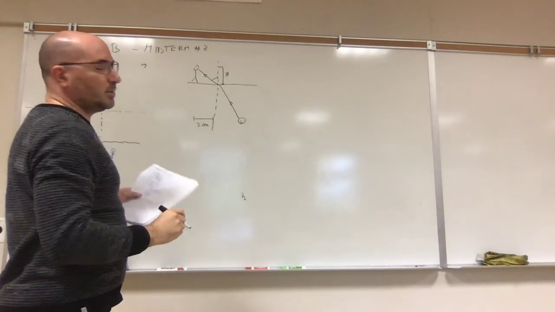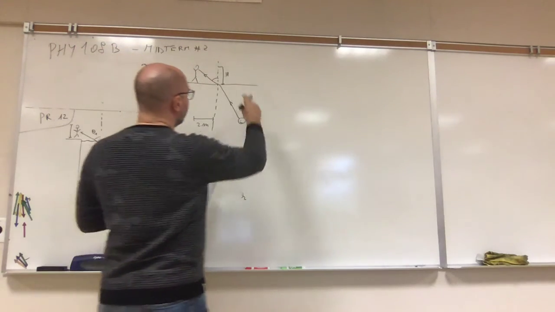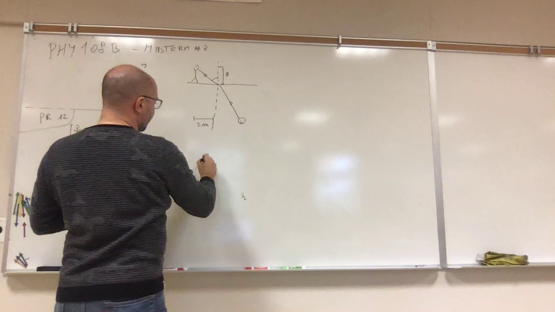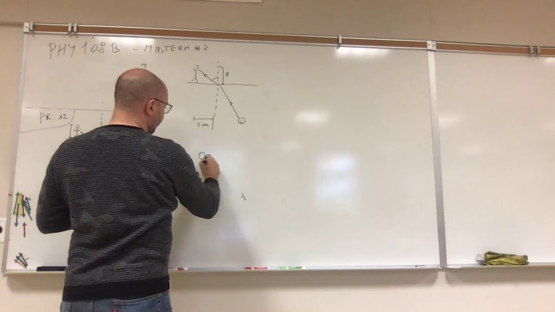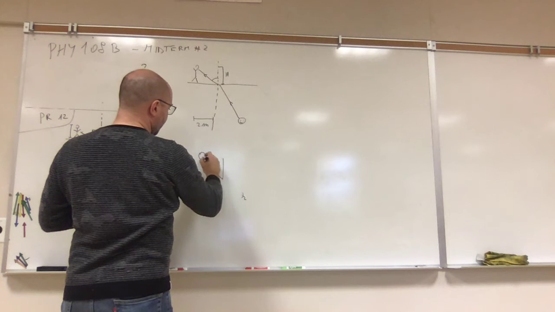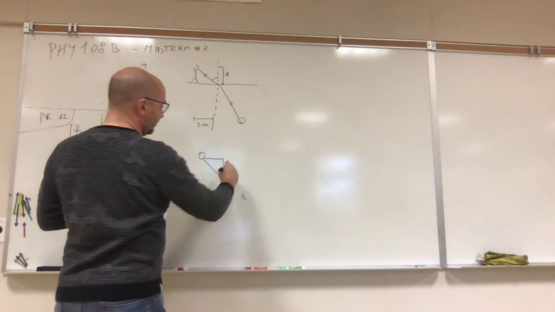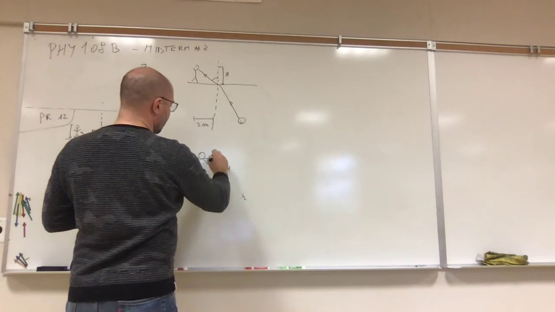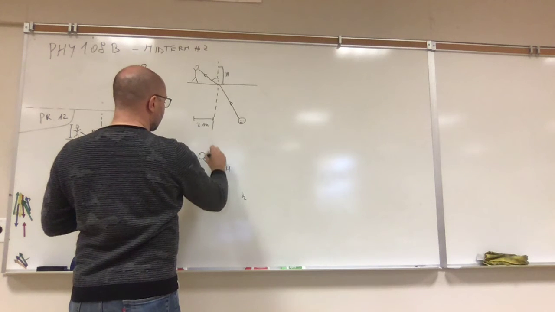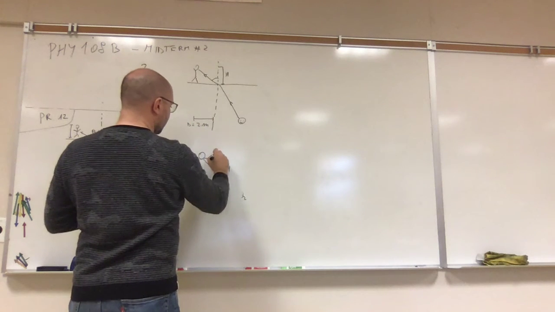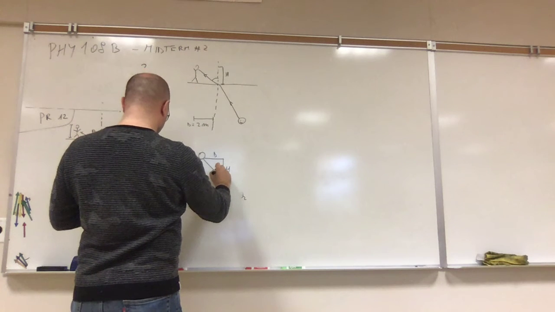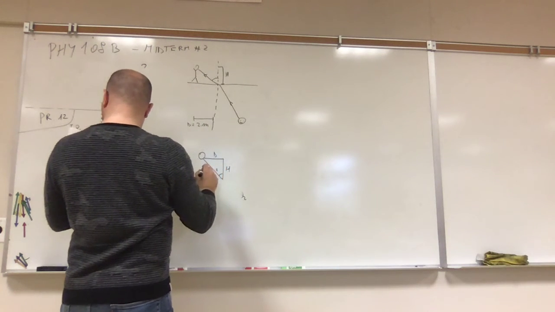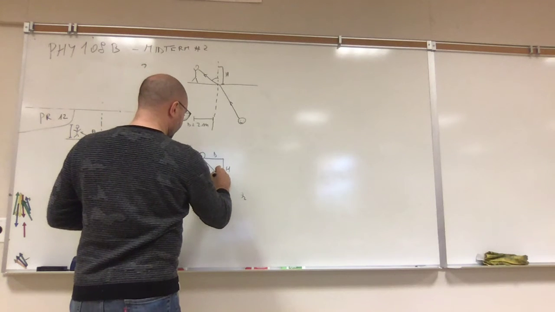We want the height and we have the angle. So if I'm drawing this triangle here, I have the head, this is my triangle, where this is H, this is the distance 2 meters, and I have the angle, which we found was 34.3.